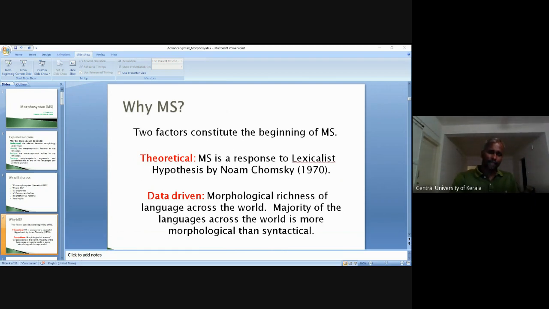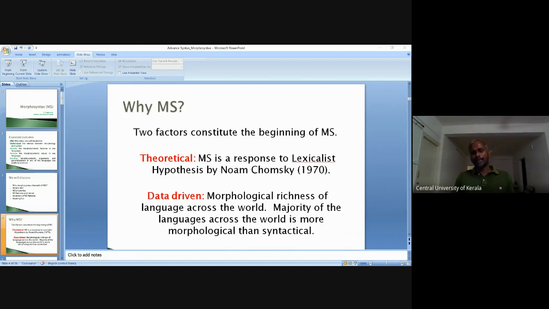And the second one is data driven: the morphological richness of the languages across the world, because many of the theoretical paradigms of linguistics are not based on agglutinative languages, but based on a different type of language like English, French, which are not much rich in morphology, but very rich in syntax. So therefore, that is the second thing.